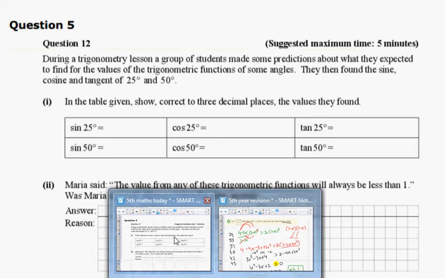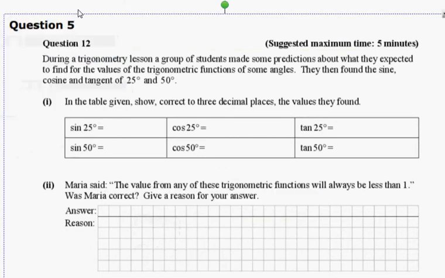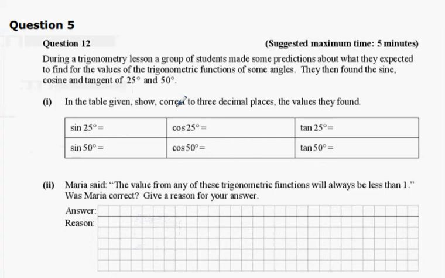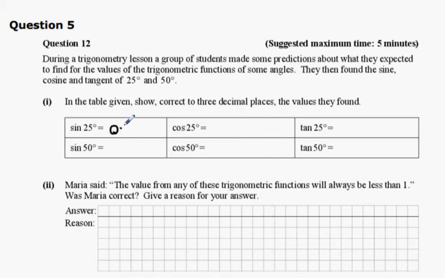So, sine 25 is what again? Do the 3 decimal places. Give me the right answers. So 0.423. What do you get for sine 50?